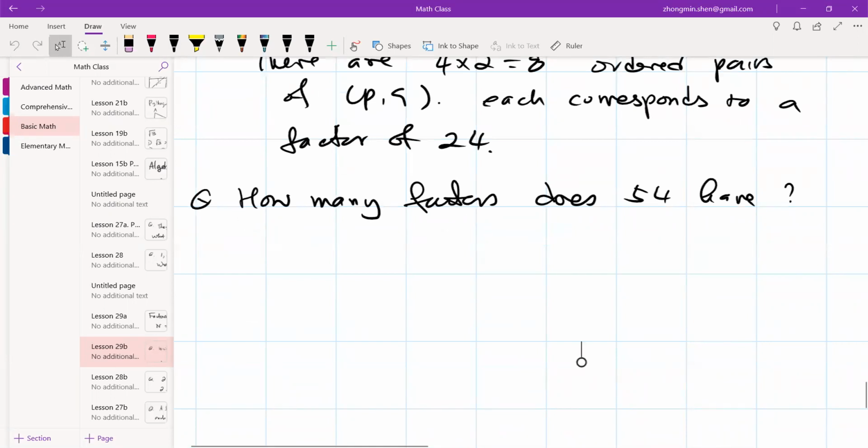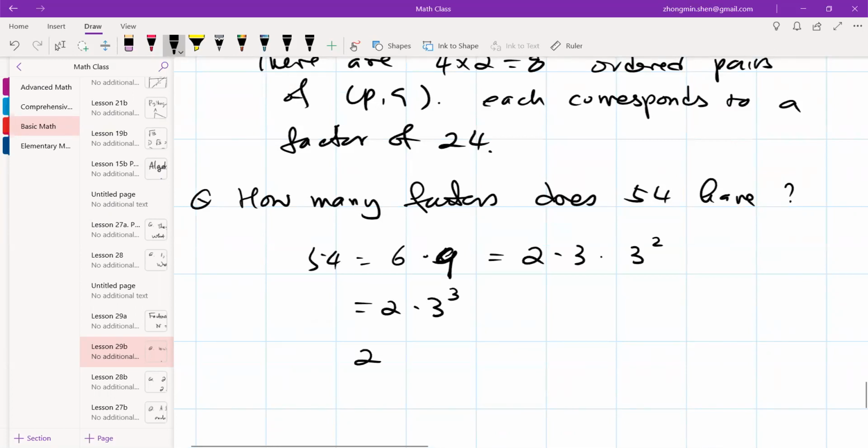All right, let's factor 54. 54 is going to be what? 6 times 9 first, right? We know that, the multiplication table. And 6 is 2 times 3, 9 is 3 squared. Aha, so it's going to be 2 times 3 cubed.